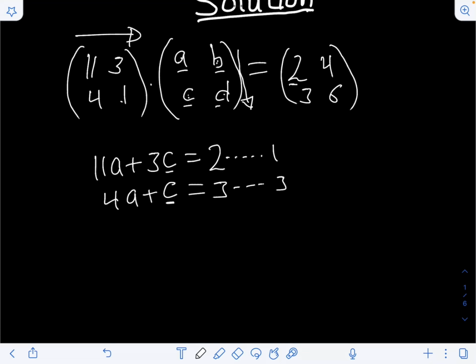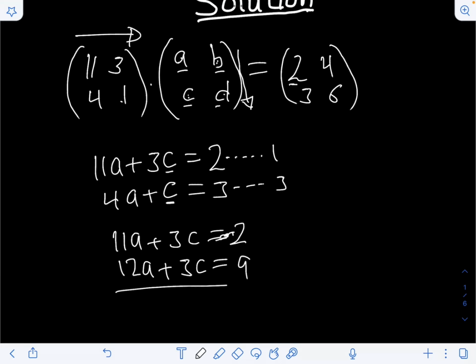So 1 times 11 gives us 11A plus 3C is equal to 2. Okay? Not negative 2. It's just 2. Then 3 times 4 will give us 12A plus 3C should give us 9. Then we subtract. This becomes A plus 0. Why A this one?